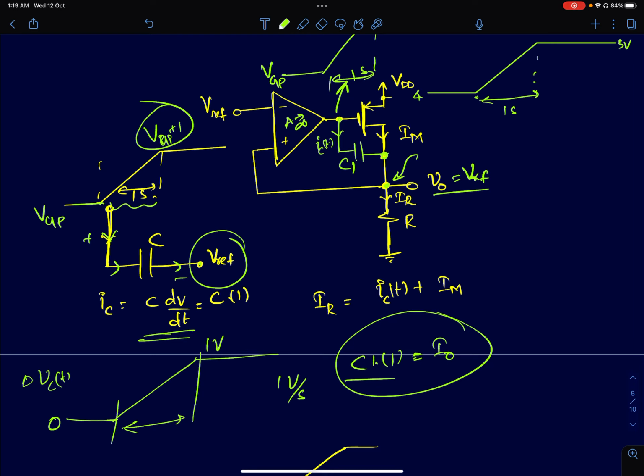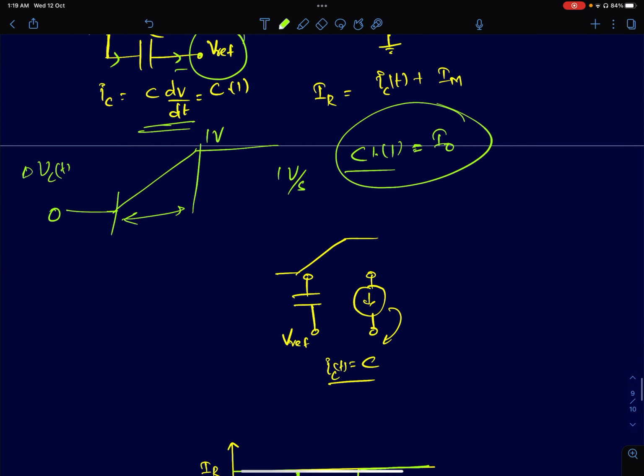Now this problem reduces to the same problem which we had analyzed previously, which is a pulsed current source. What happens when I connect a pulsed current source? How will the circuit respond to it? The same thing will happen in this circuit also. Your capacitor, whose one end was changing, is now going to behave like a pulsed current source.